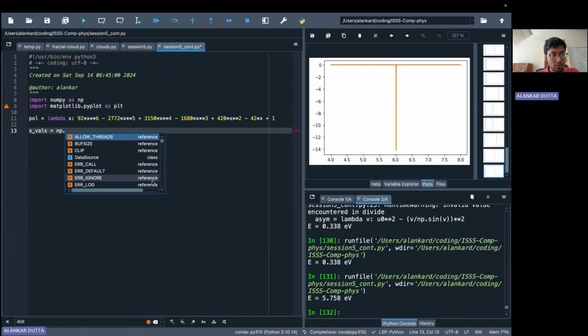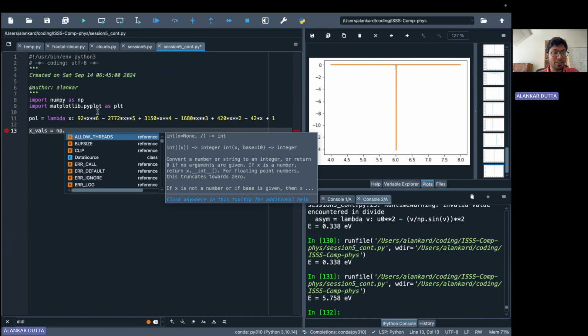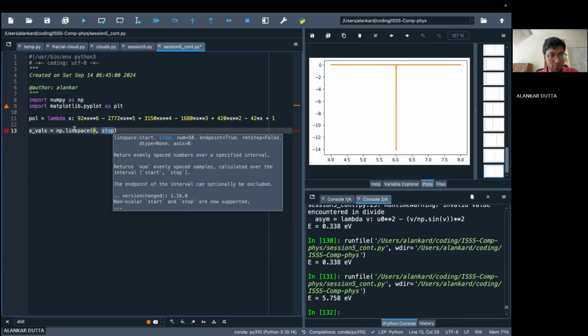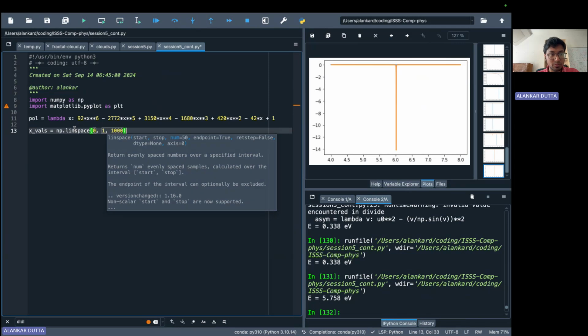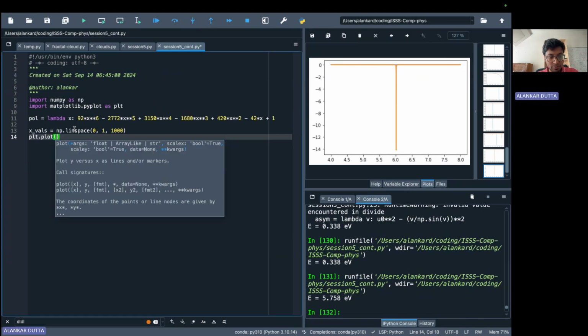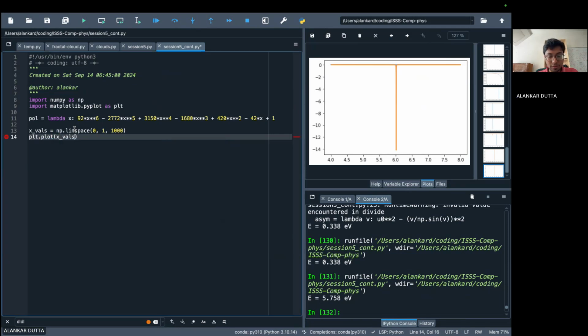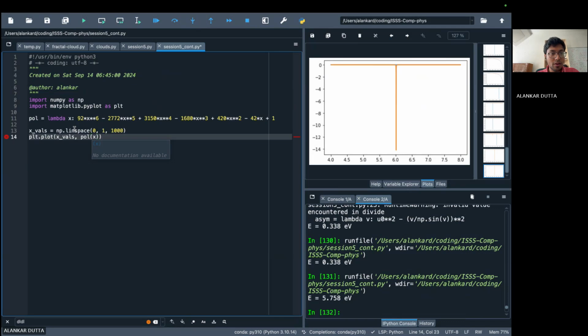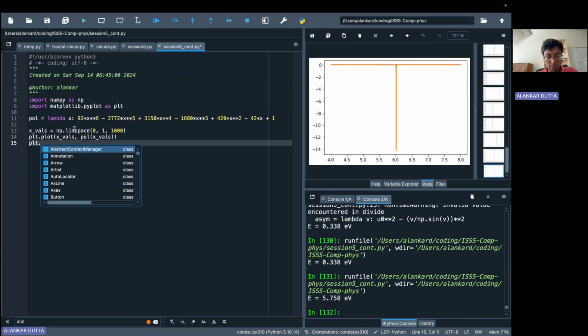You can, for example, even plot this in Desmos just to check, but we will do that here as well. From 0 to 1, say we take 1,000 data points, then we do plt dot plot of the polynomial, so this will be p of x values, and then plt dot show.